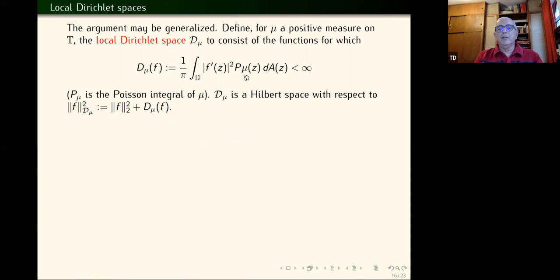So instead of taking here 1 as in the usual Dirichlet space, you put a weight here, the Poisson transform of mu. And then this becomes a Hilbert space with this norm. You always have to add the usual norm of f, because f prime of z gives norm 0 on the constant, so you would get a semi-norm.